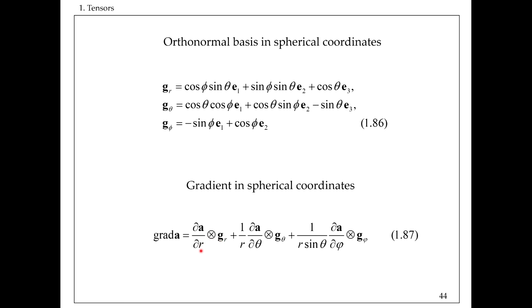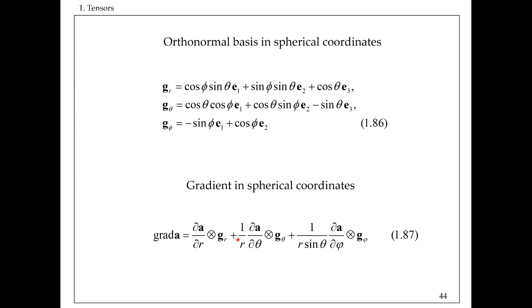So in the Cartesian coordinate system that would be x1 and e1, x2 and e2, and x3 and e3. And we still differentiate the same vector a here, right?